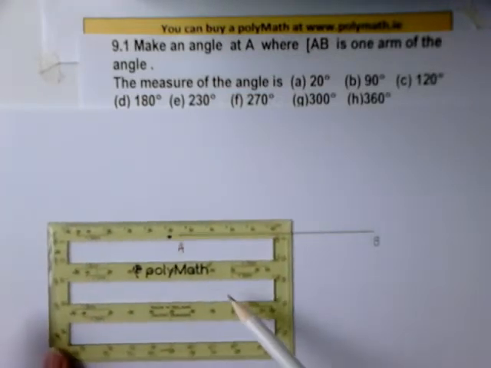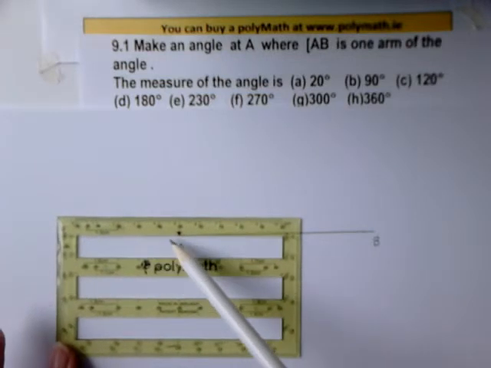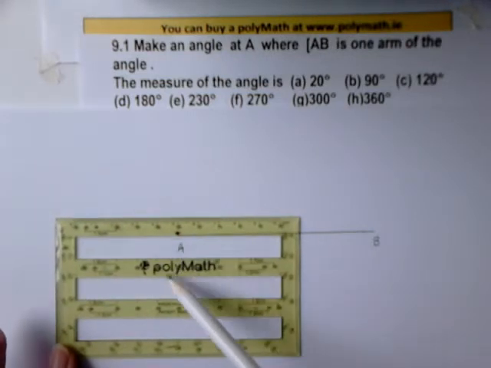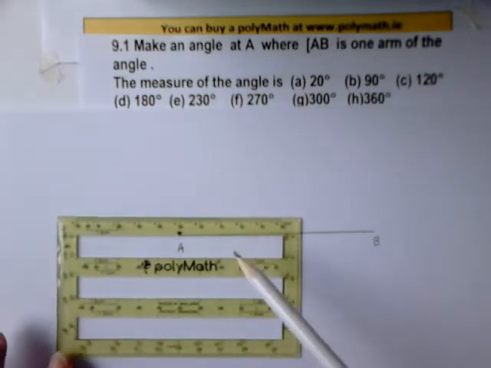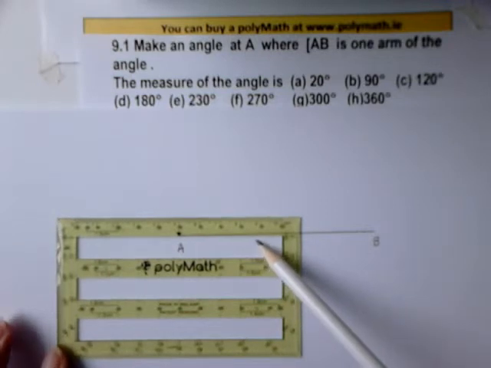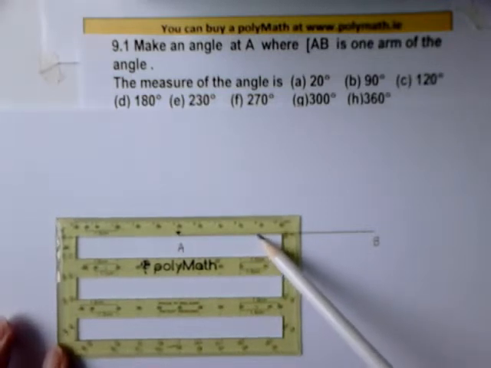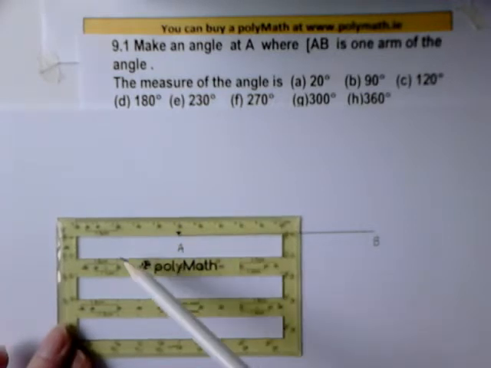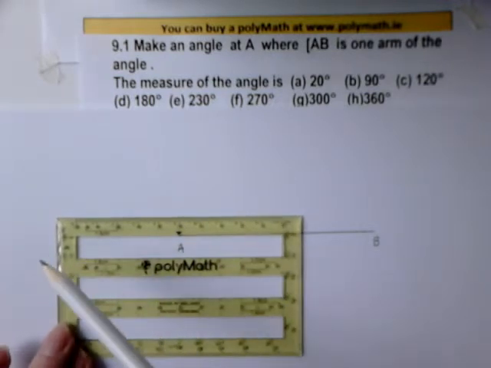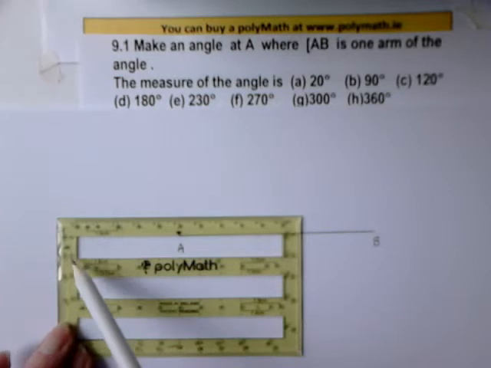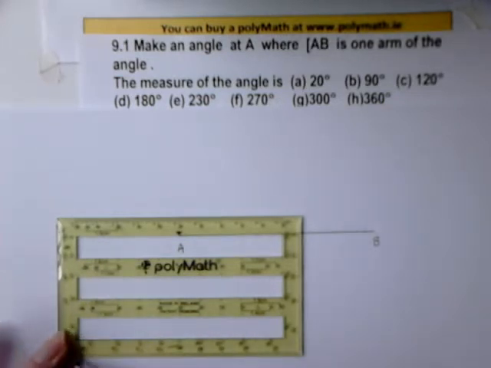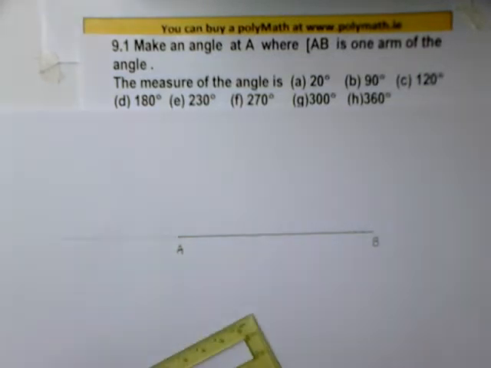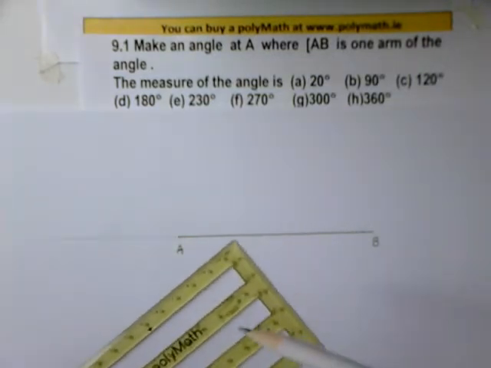So I'll put my arrow this time because I've got to go from this here around a bit. So if I put my arrow there, and the line along the line, then I can go 10, 20, 30, 40, 50. And put that dot there for 50.